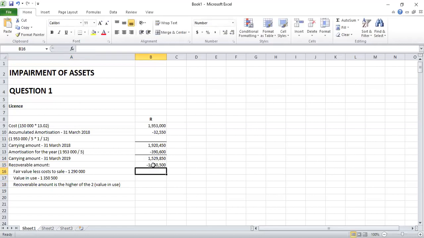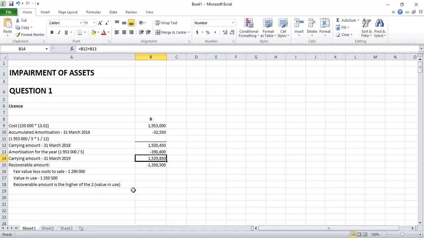Then we know that there is an impairment loss if the carrying amount is more than the recoverable amount. Like in this case, our carrying amount is 1,529,000 and our recoverable amount is 1,350,000. So there's an impairment loss there.